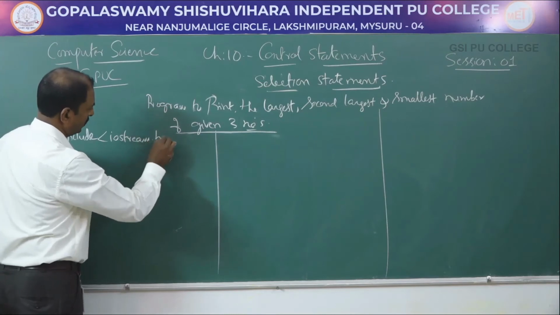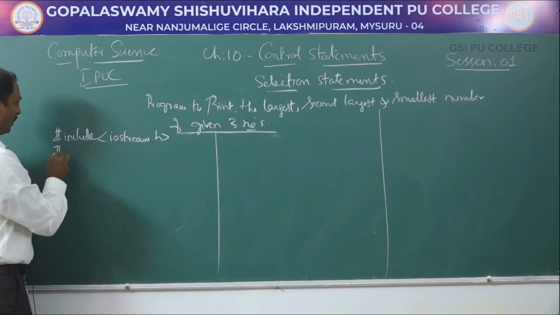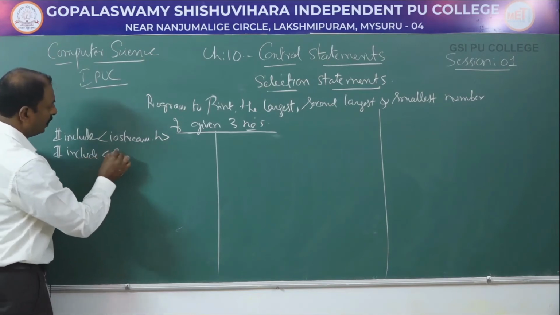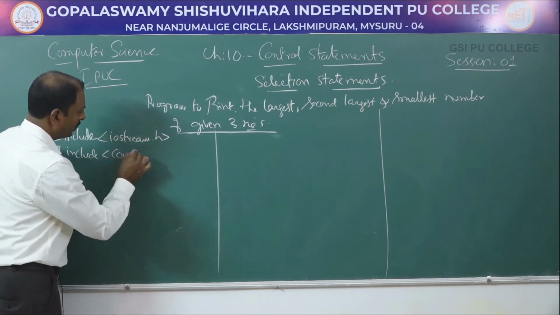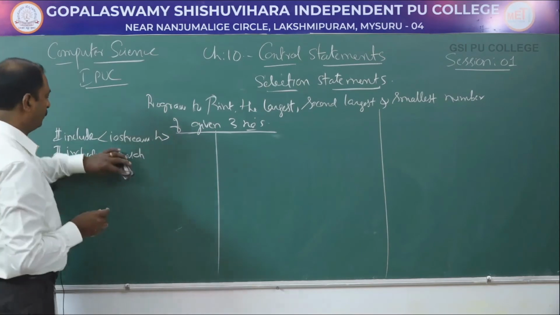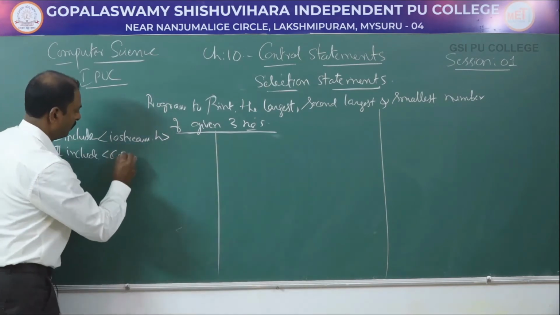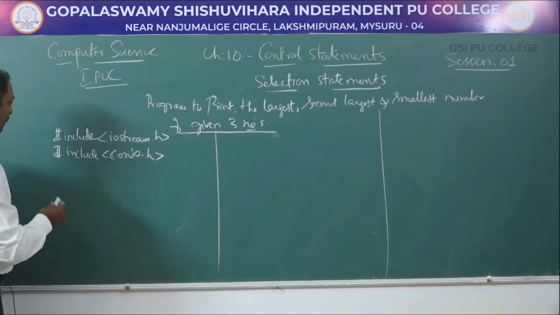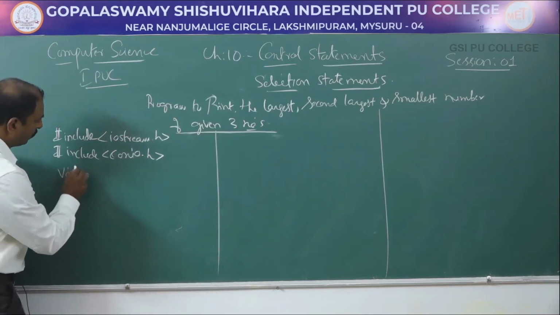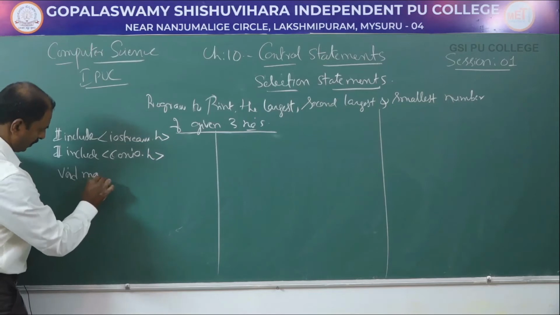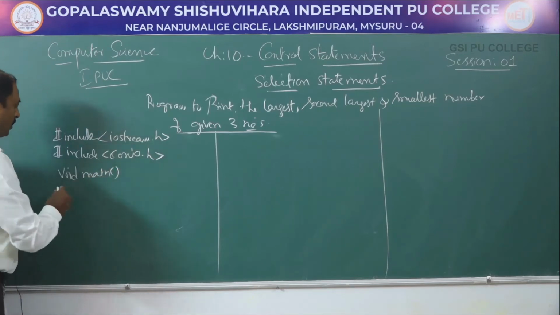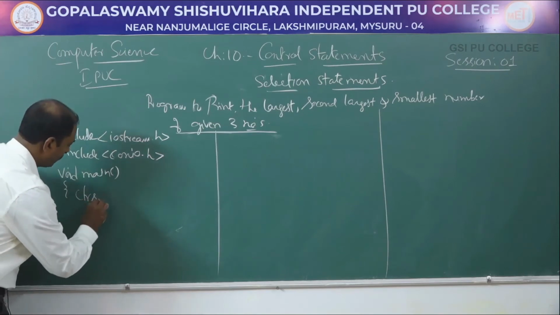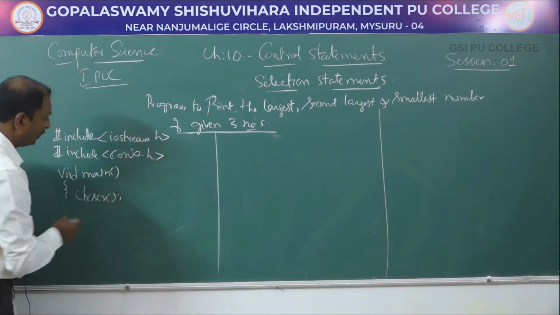Hash include iostream.h, another header file, hash include conio.h. The program starts with void main, open this bracket, clear screen function.